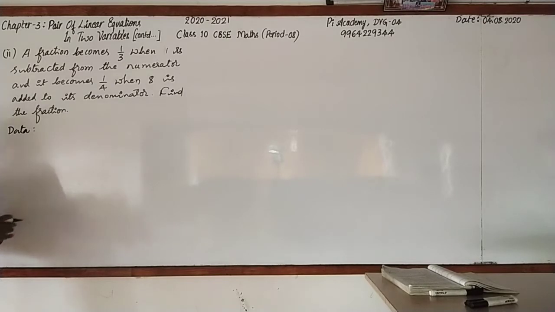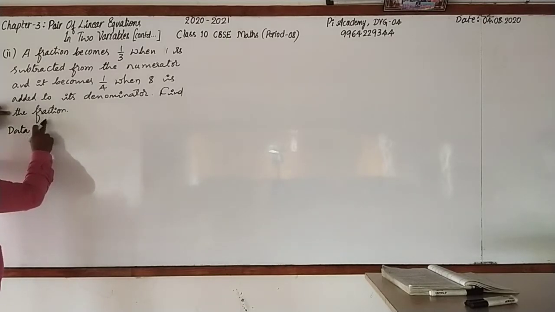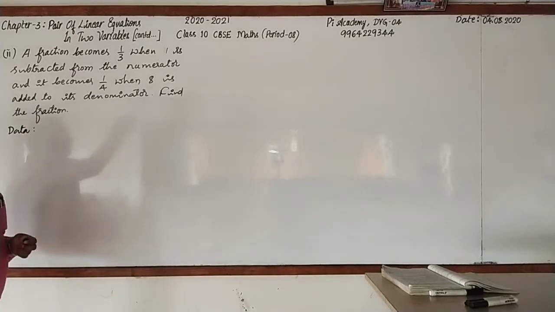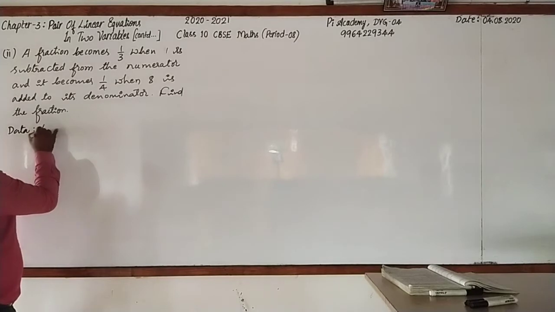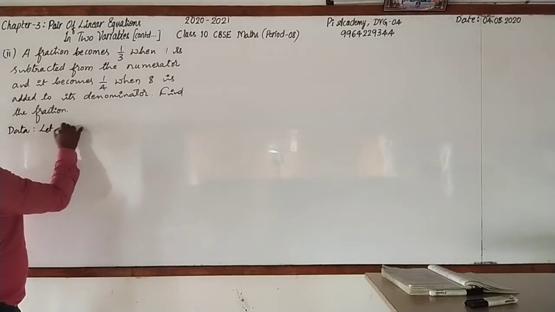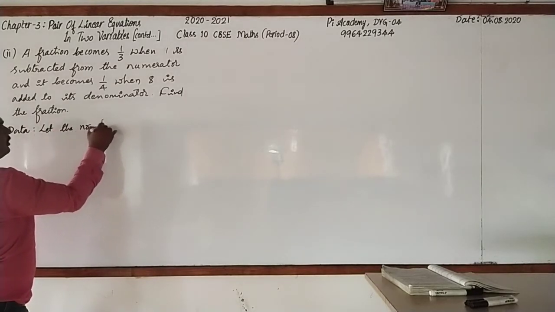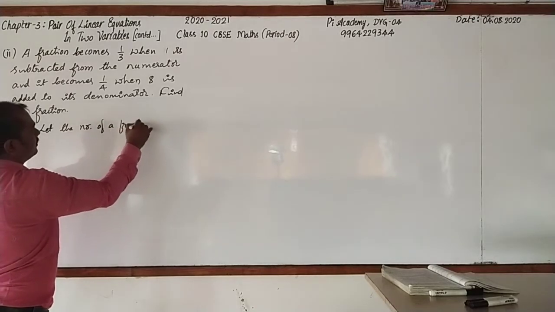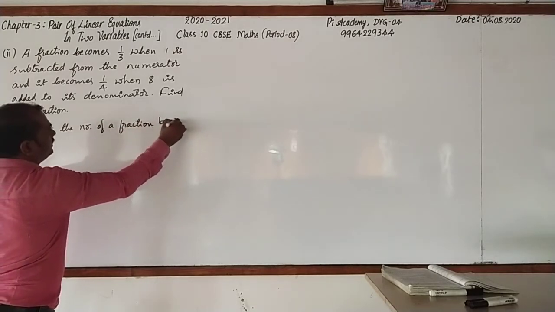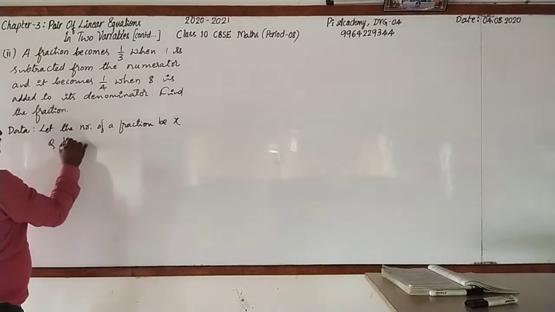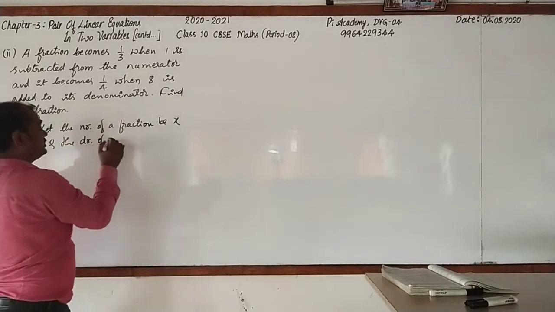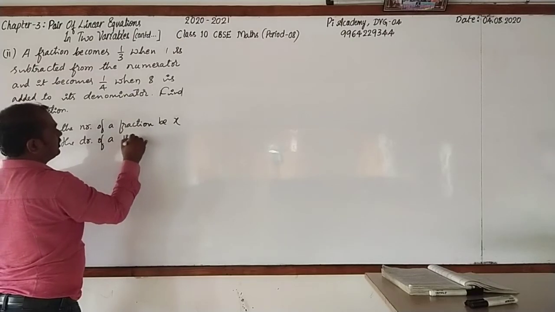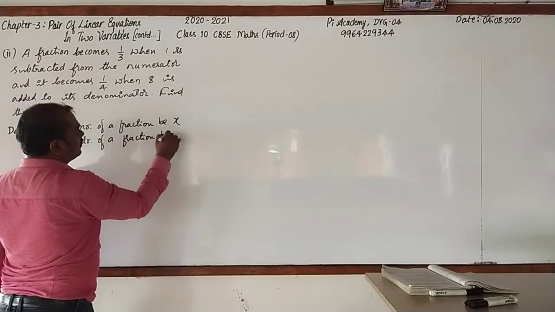Here, you are going to find the fraction. Fraction means there will be two terms, one is the numerator and another one is the denominator. Both are unknown. Let us assume that. Let the numerator of a fraction be x and the denominator be y.